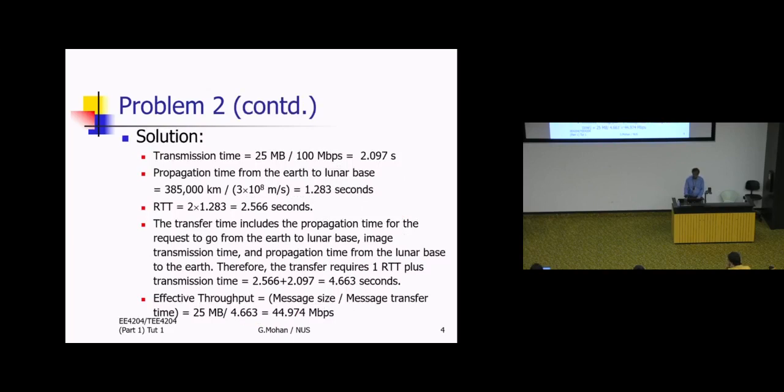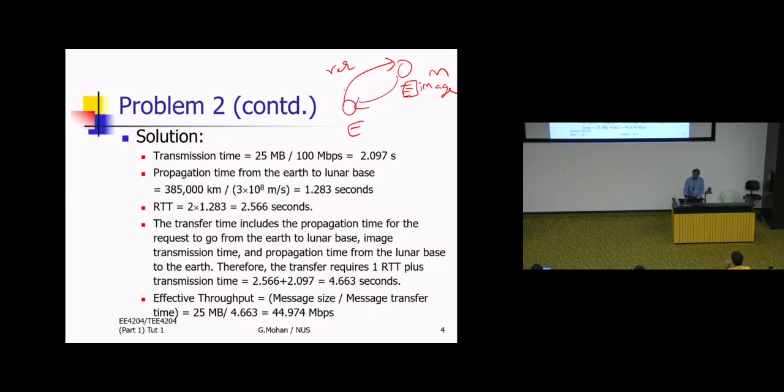So this question is quite simple. Let's say this is E, this is the lunar colony, M. There's a request sent from Earth to the lunar colony, and this in turn sends the image. Assume that the request message is very short, because the request is not big data like an image.